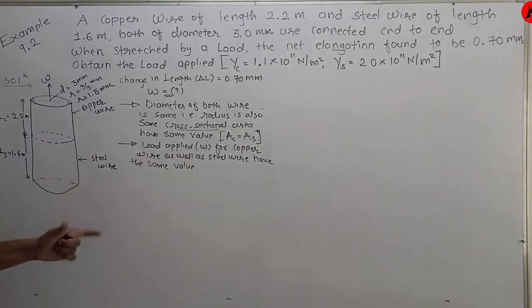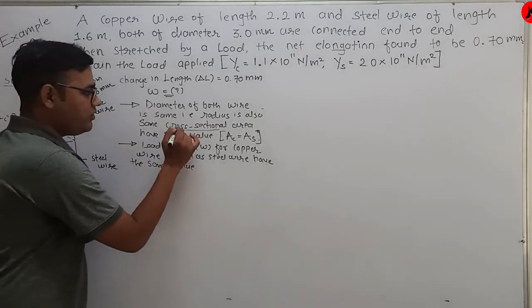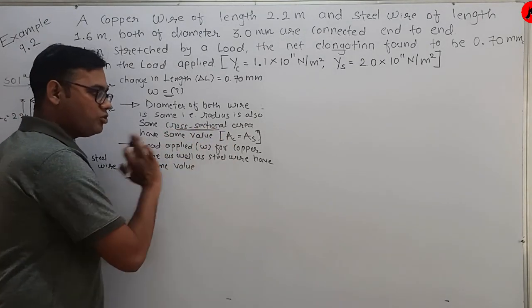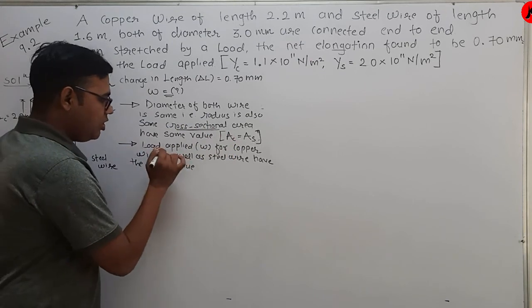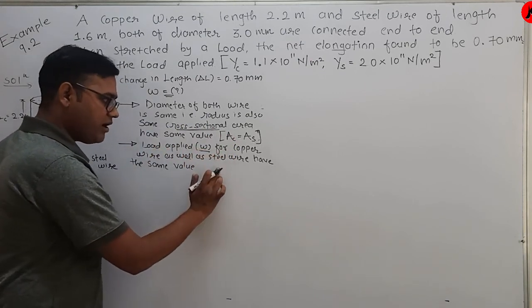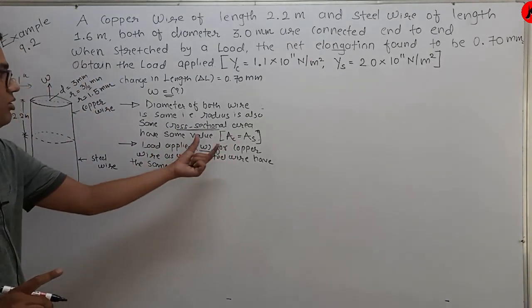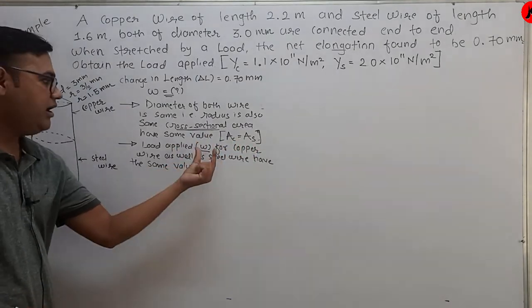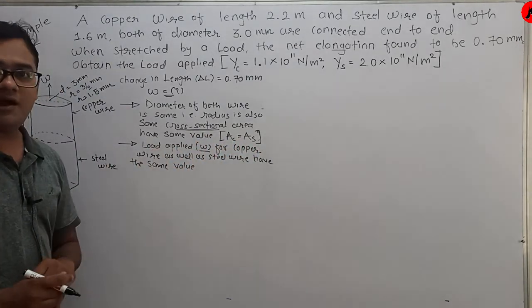So what we have concluded from this figure: the first is the cross sectional area for both the wires is same, and the other thing, the load applied W for both the wires is also same. Here the value of cross sectional area and the value of W for both the wires are same.